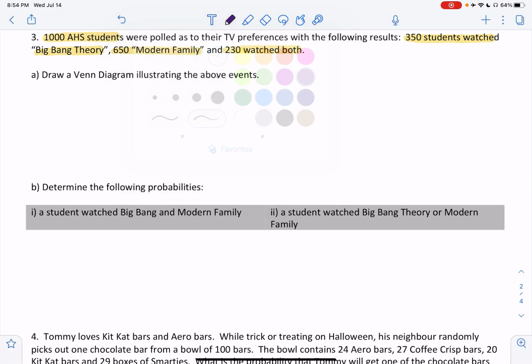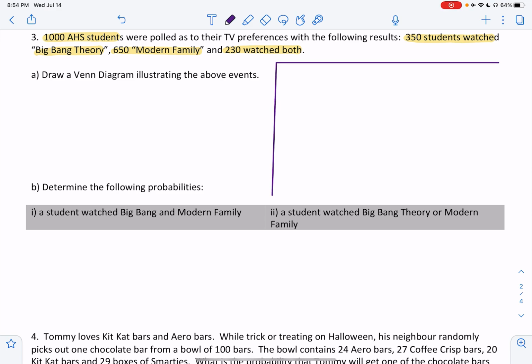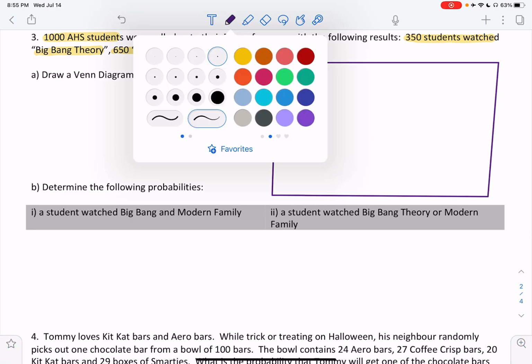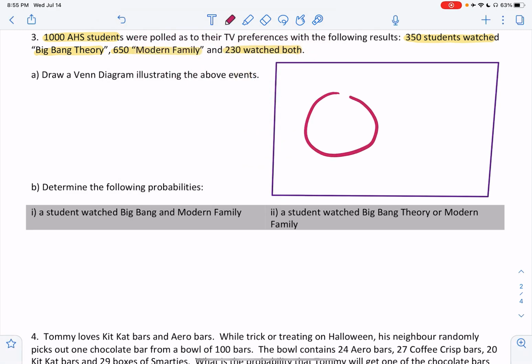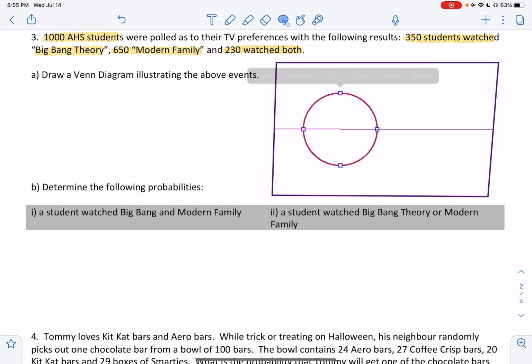So I'll draw my Venn diagram quickly. It's not perfect, but that's okay. Okay, and I need my 2 circles on the inside. So there is 1 circle.